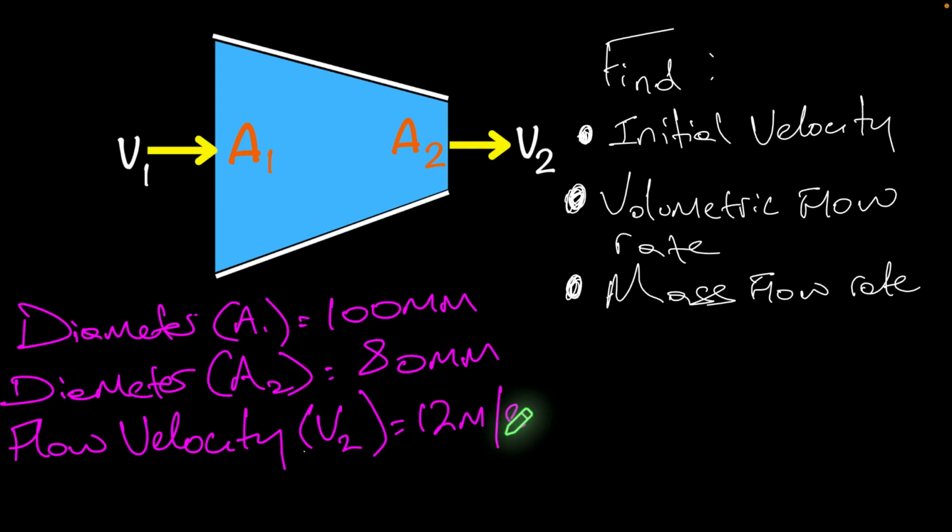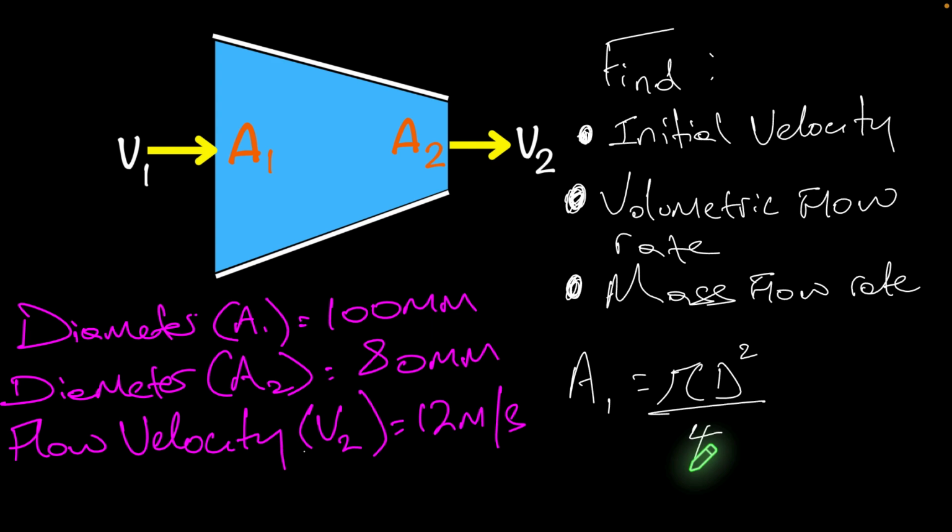Now, with this information, let's work out first of all what our initial velocity is going to be. So to find our initial velocity, we first need to work out A1, which is the initial area. And we can use the given diameter to do that. So if we use this formula, pi times diameter squared divided by 4, then that will allow us to find what A1 is.